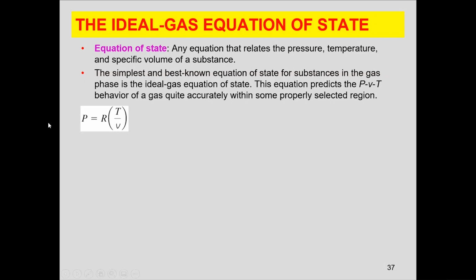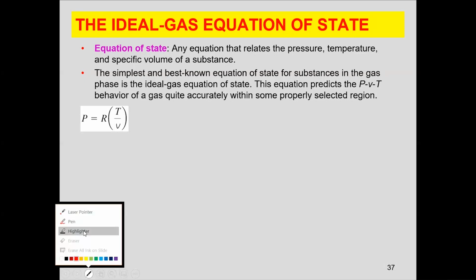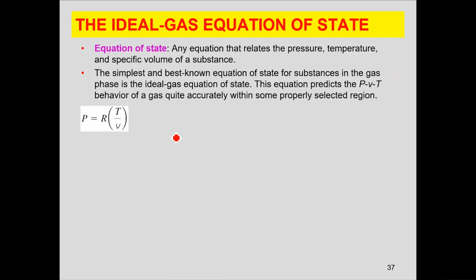Now, remember, in this equation, R is basically the gas constant, which would be different for different gases. R is a gas dependent constant. And why do I say it's a gas dependent constant?